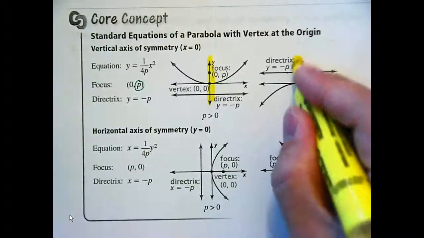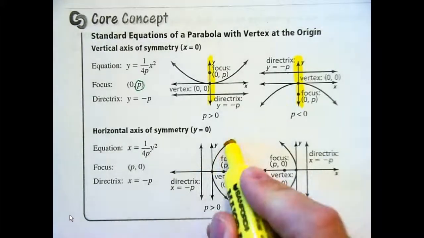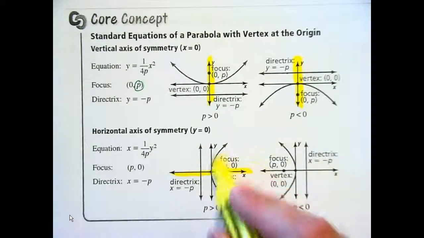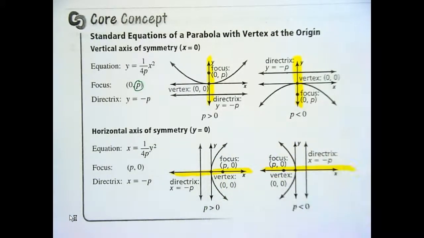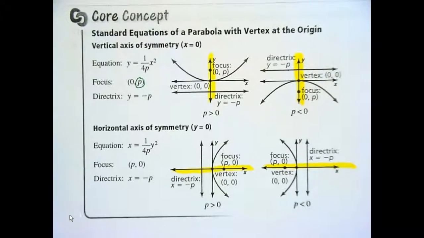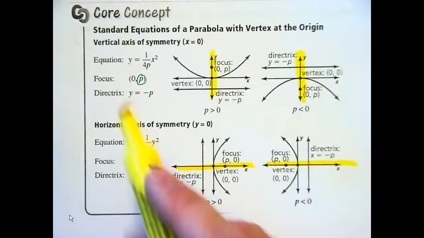If we have a horizontal axis of symmetry, the only thing that changes now, our parabola opens sideways. That means it's not a function anymore, right? Is that what you're going to say, Zach? Yeah, the equation, the only thing that changes, notice x's and y's switch, right?